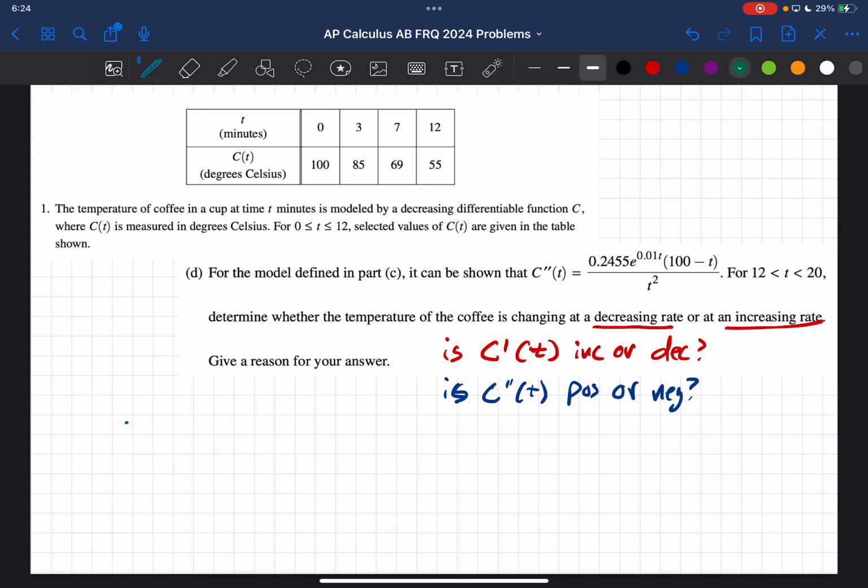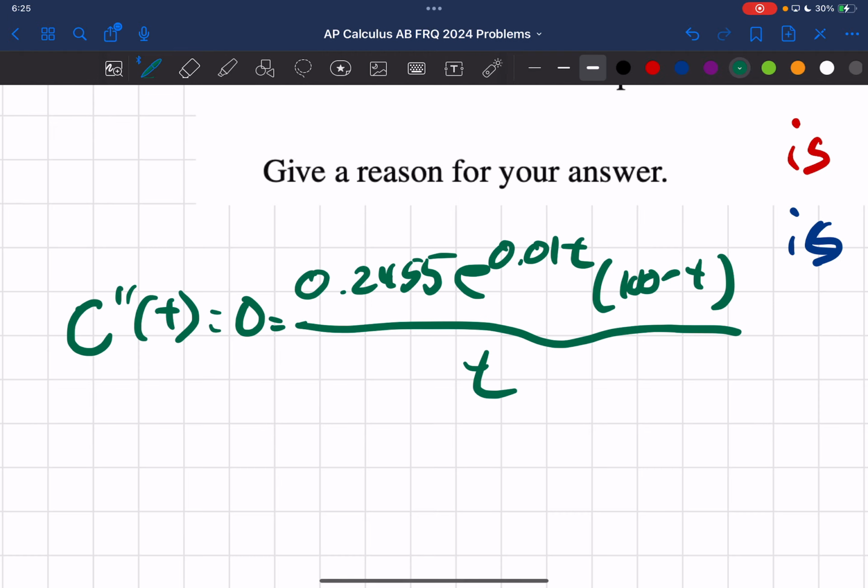So a related question is, what if c double prime is equal to 0? When I set all of this equal to 0, notice that this part right here is always positive. And remember that we have the interval from 12 less than t less than 20, so this right here is also positive.